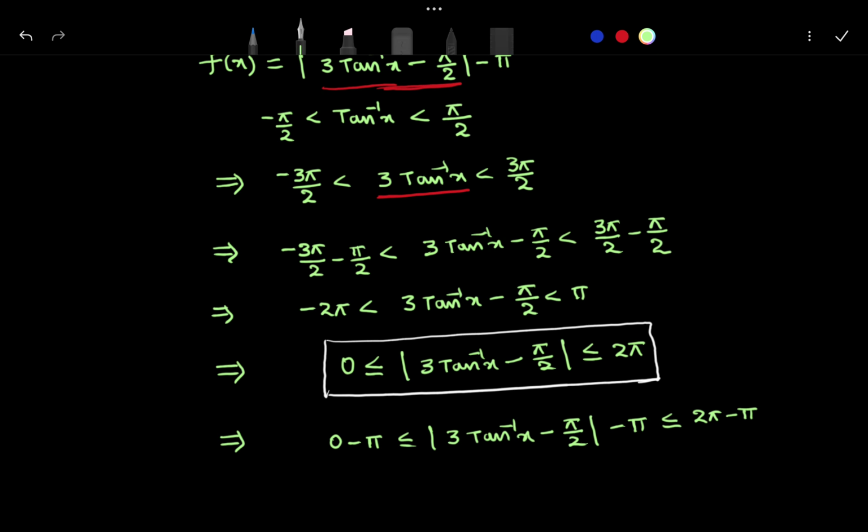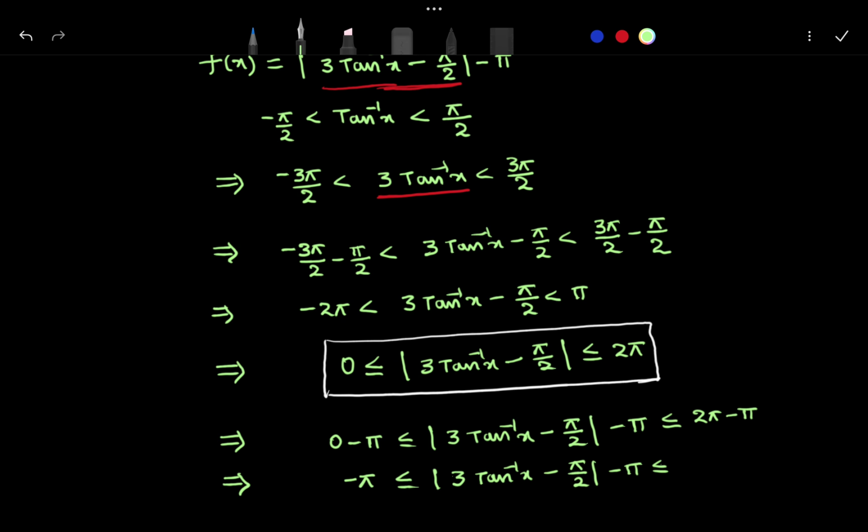So the left hand side value becomes minus pi, less than or equal to modulus of 3 into tan inverse of x minus pi by 2 minus pi, which is less than pi.